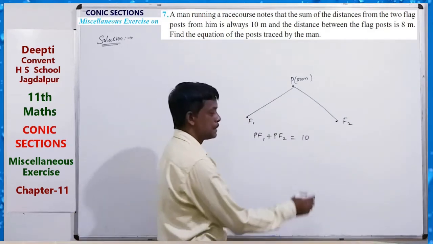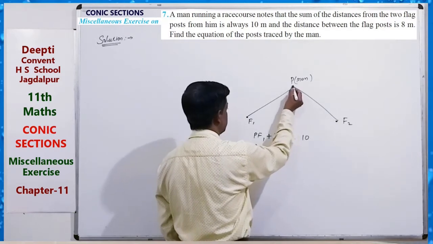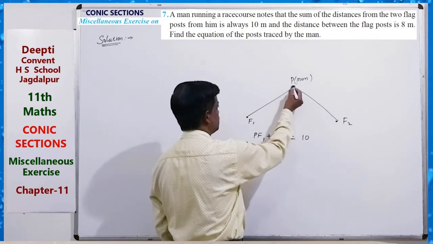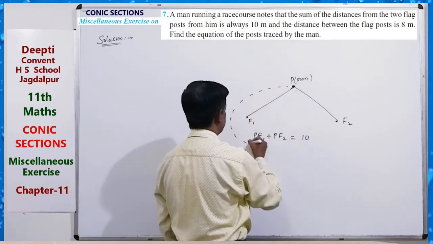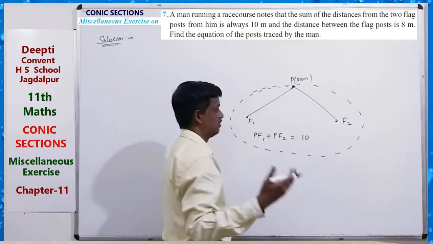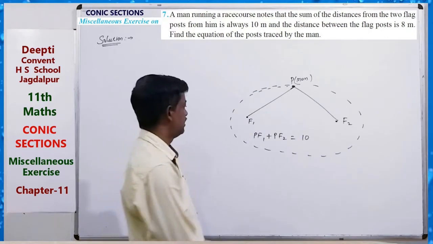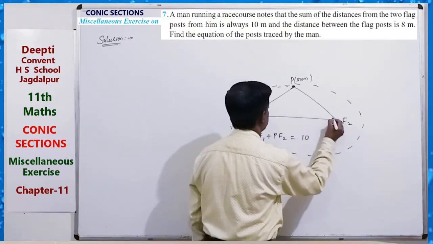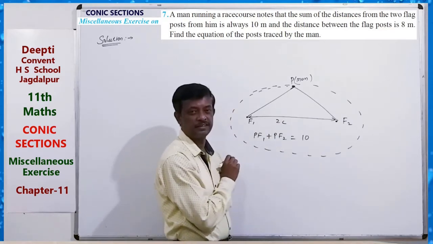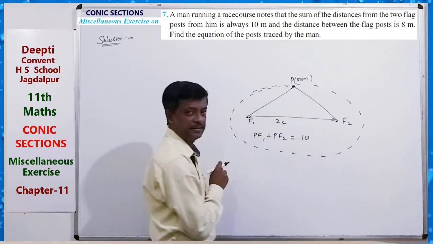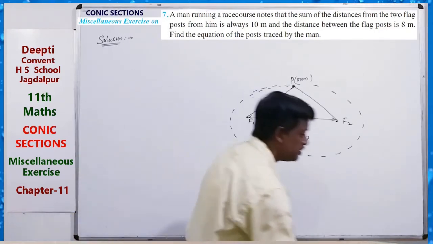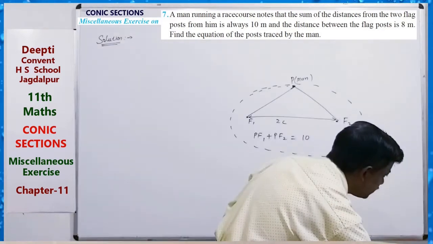Then the man moves in such a way that his path will be an ellipse. The distance between the foci is 2c. And one thing is also given, that what?